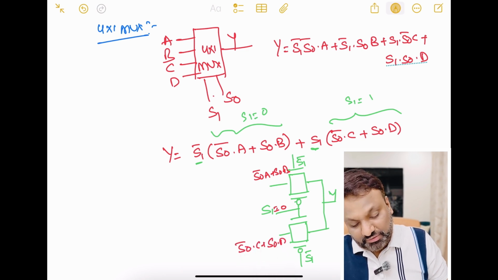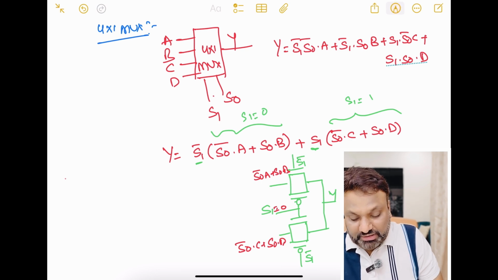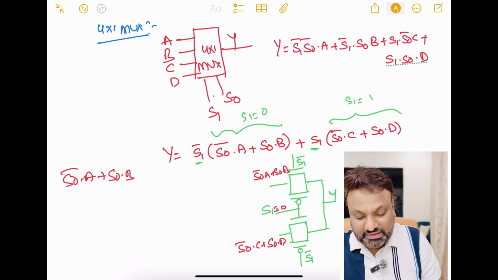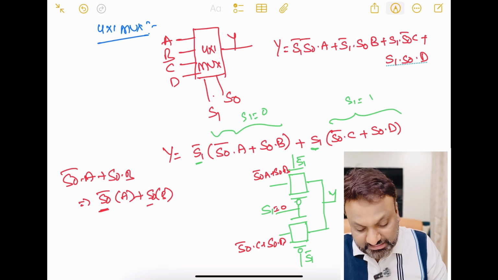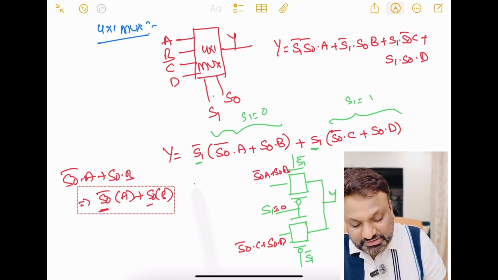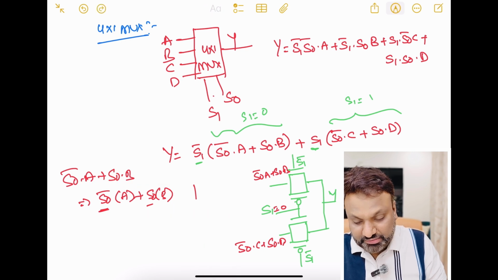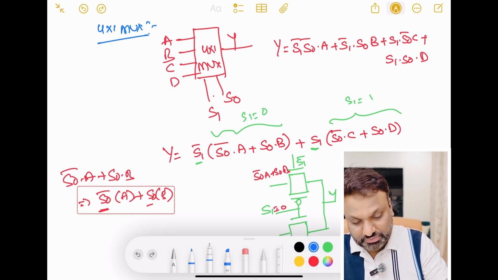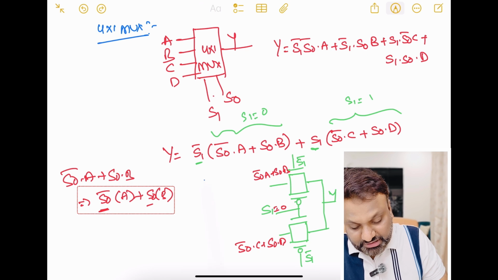So we will again split this equation. S0 bar A plus S0 B is again an equation in terms of S0 bar and S0. So I will take another transmission gate here, let me use another color, I will go with blue.